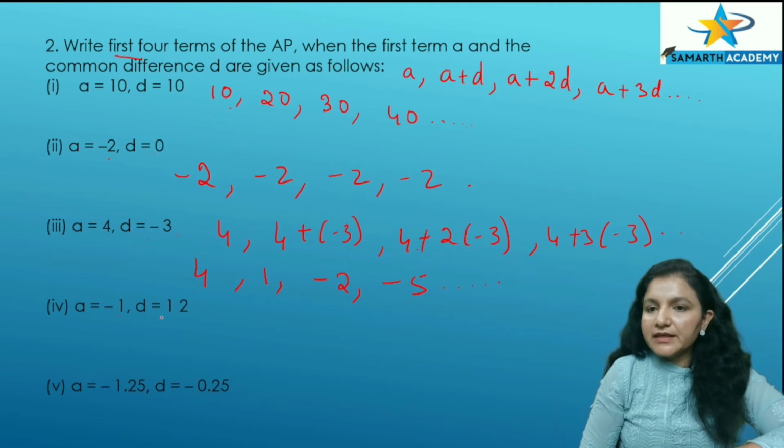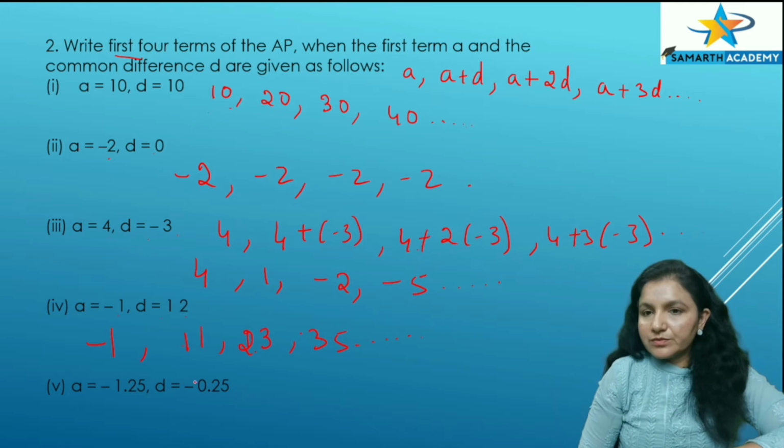A is minus 1, D is equal to 12. Minus 1 plus 12 is 11. 11 plus 12 is, sorry, 23. 23 plus 12 is 35, and so on. A is equal to minus 1.25, D is equal to minus 0.25.